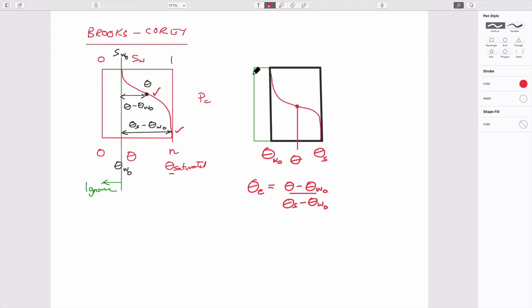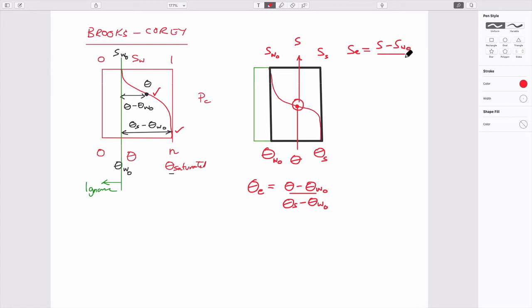And so in the same way that we defined saturation before, this would be saturation, irreducible saturation, 100% saturation, and this would be, I suppose, the saturation we find ourselves at. We could define an effective saturation which is equal to the same as these ratios. The saturation we're actually at, which is this point here, minus the irreducible saturation of water.